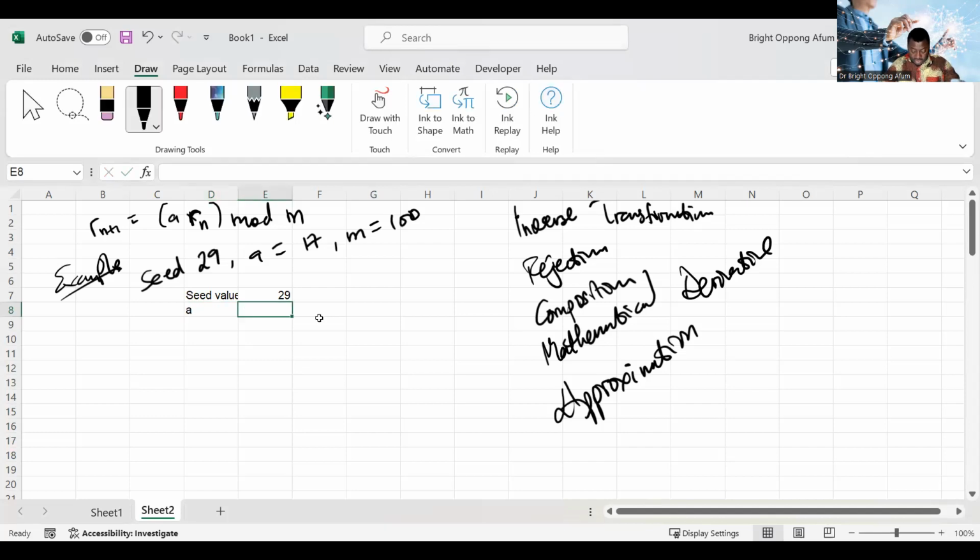My A constant is 17, and my modulus is 100.